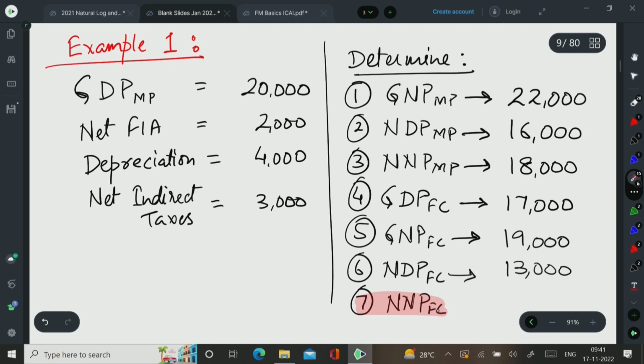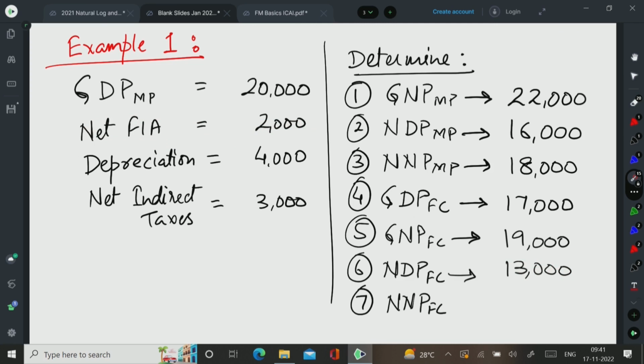And lastly, if we want to arrive at NNP at factor cost, we can have connection with NDP at factor cost and NNP at factor cost. So domestic to national, if you want to convert, you just add the net factor income from abroad. So it will be 13,000 plus 2,000, that will give you 15,000. That is one way to look into it.